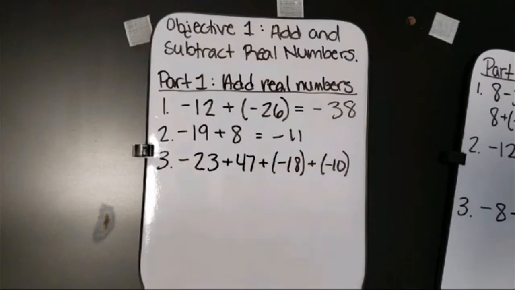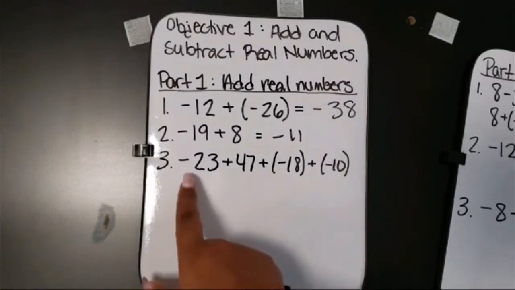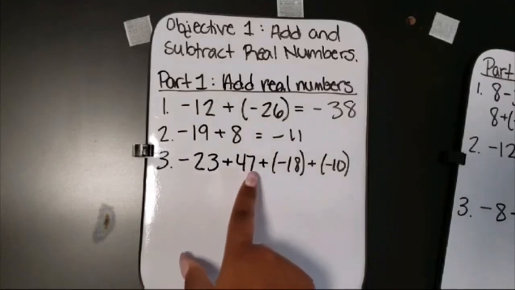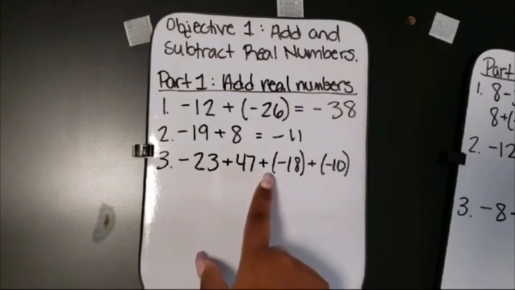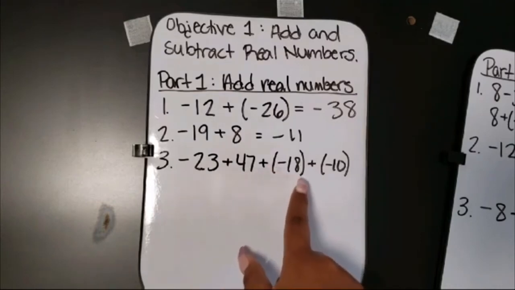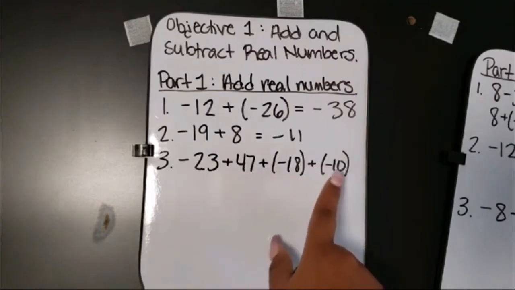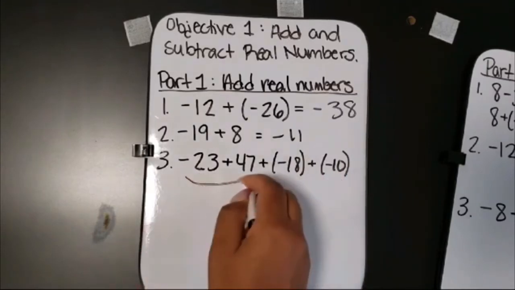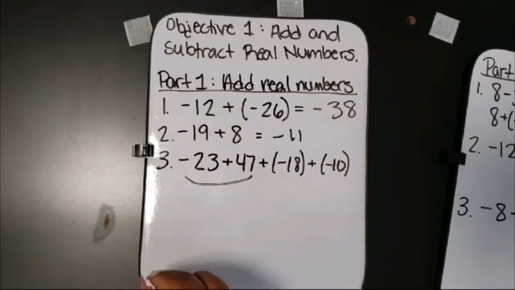So for number 3, you can type it all in the calculator if you know how, or you can break it down into parts. So here where we have the negative 23 plus 47 plus negative 18 plus negative 10, we can do these two first.